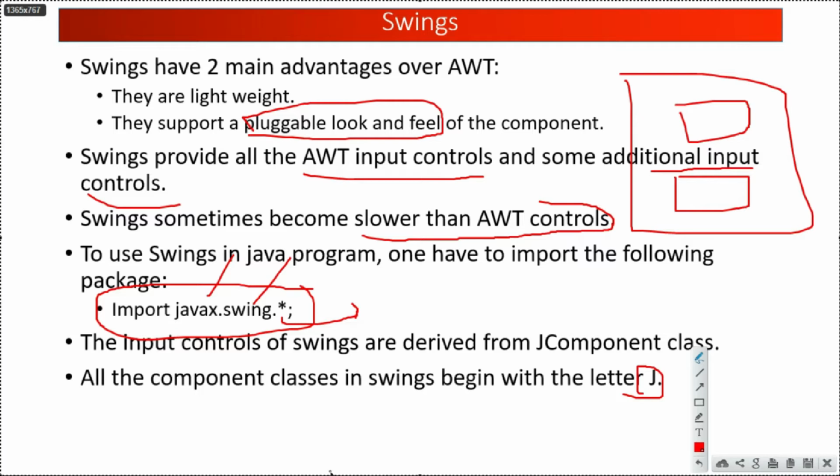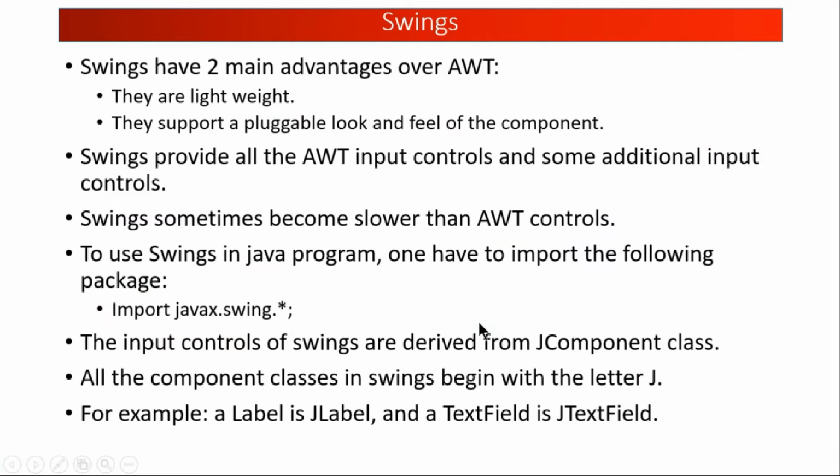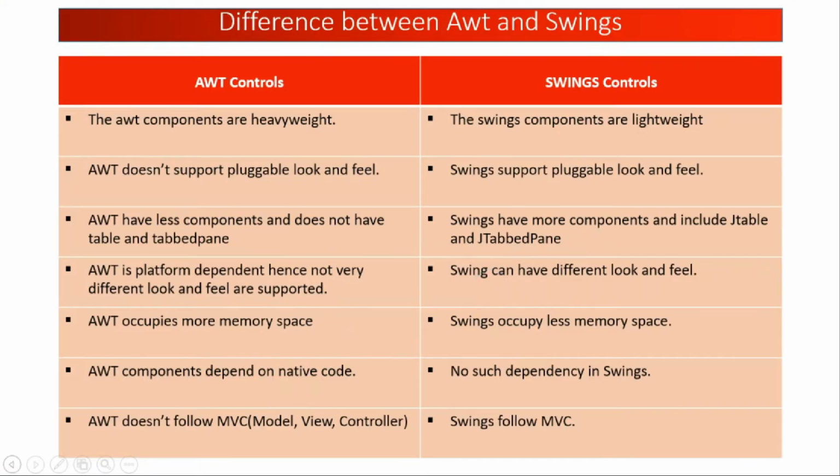In AWT the class name was TextField. In swings the class name is JTextField. You just have to place a J, which helps you understand that it is a swing component, not an AWT component. So this is the example, and let's see the main differences between these two.